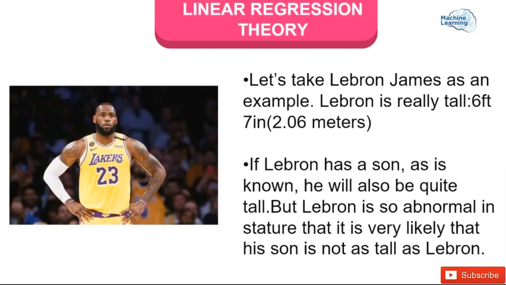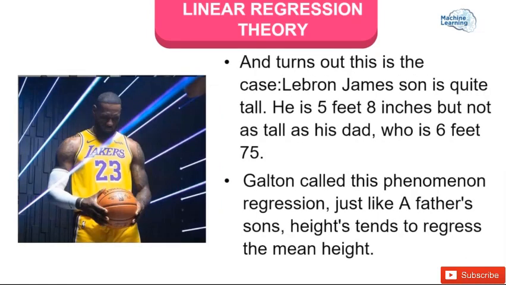Now, if LeBron has a son, he will also be quite tall. But LeBron is so abnormal in his height that it is very likely that his son is not going to be as tall as LeBron.